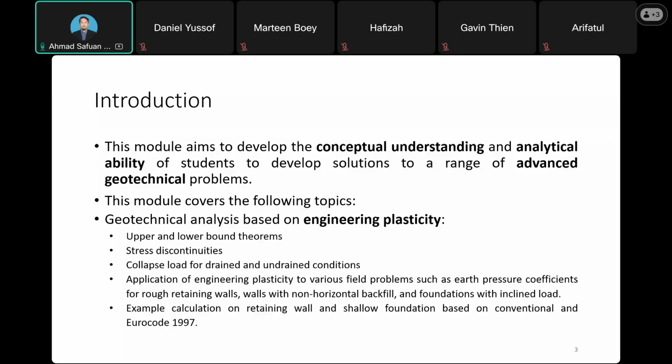As I mentioned before, I will also cover the calculation based on retaining wall and shallow foundation by referring to the conventional British Standard, and also with the use of Eurocode 1997, which is Eurocode 7, on how to determine the stability of the geotechnical structure, especially on retaining walls and shallow foundations.